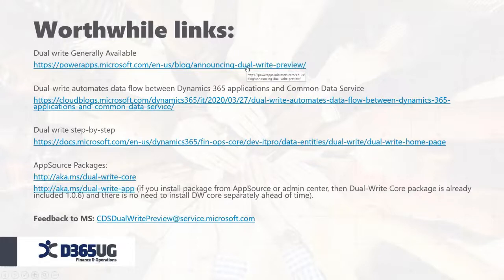You can go through all those links from here. You can go through dual write step by step, how to configure dual write. You have to install a couple of AppSource packages here, dual write core and dual write app. If you have already installed the dual write core package, you don't need to install this one separately. You only need to install the dual write core.